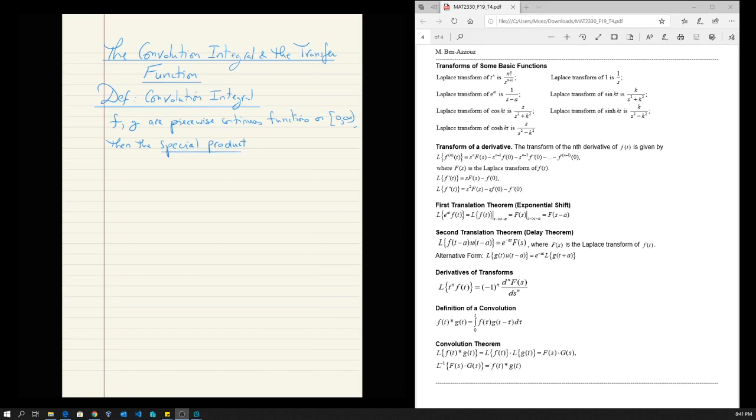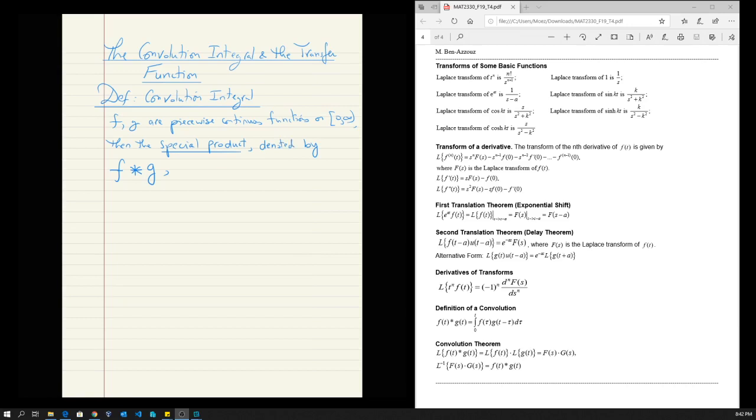The special product denoted by f, then an asterisk symbol, g. So that's the notation for it.